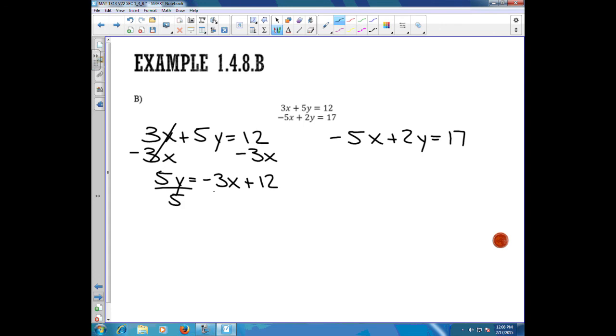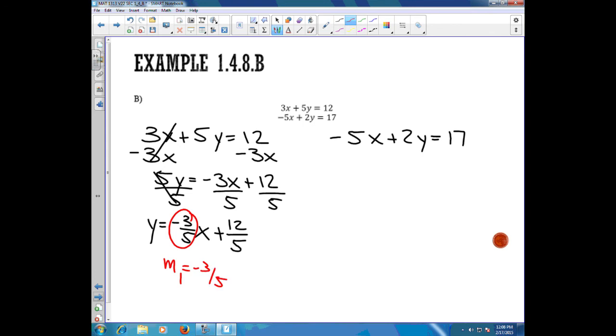Divide everything by 5, and we get y equals negative 3/5 x plus 12 over 5. And so the slope of our first line is negative 3/5.